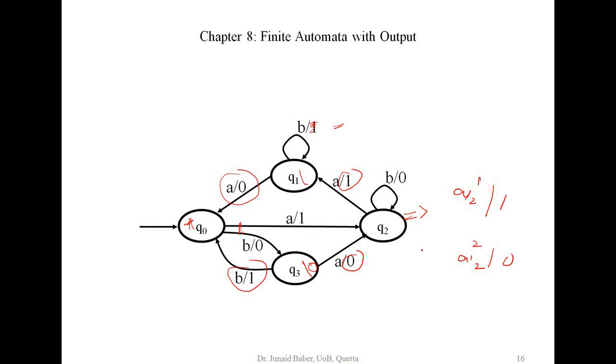From Q0 you will come to this one. But you will not have an edge from Q0 to the other subpart. Why? Because this output is 0. So from Q3 you will have an incoming edge to Q2.